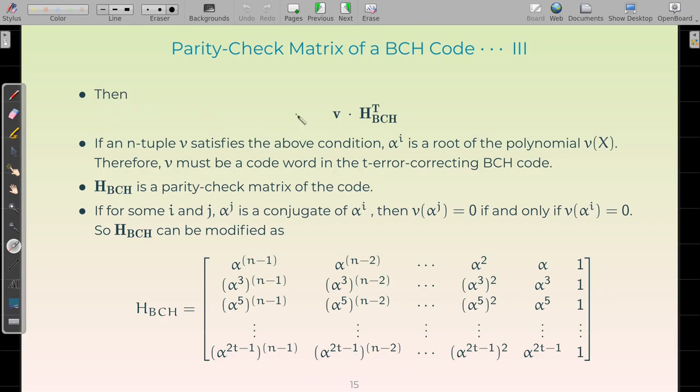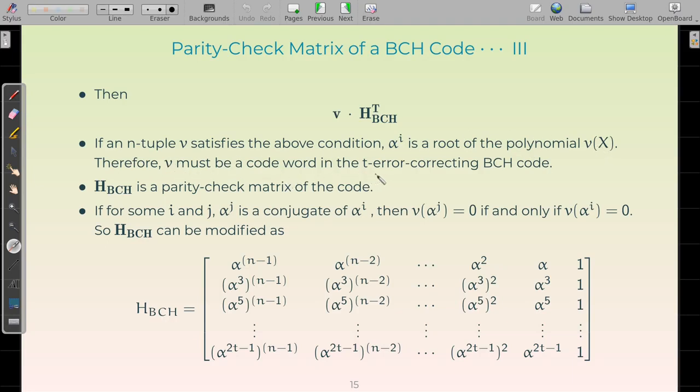Now if I consider that BCH code, then the transpose of that pre-multiplied with v is going to be equal to 0, right? Which is consistent with the definition that we have followed for cyclic code. So if an n tuple v satisfies the above condition, alpha^i is a root of the polynomial v(x).